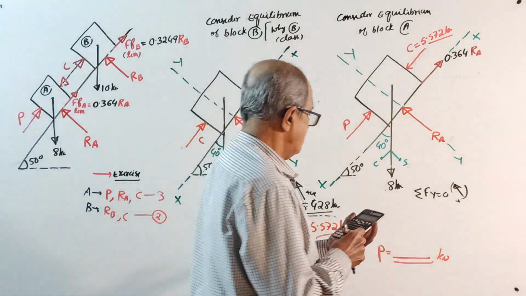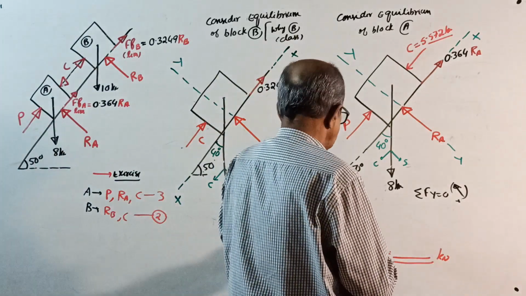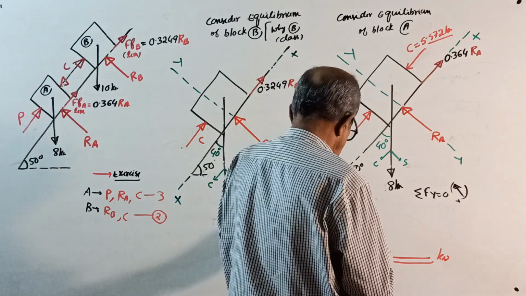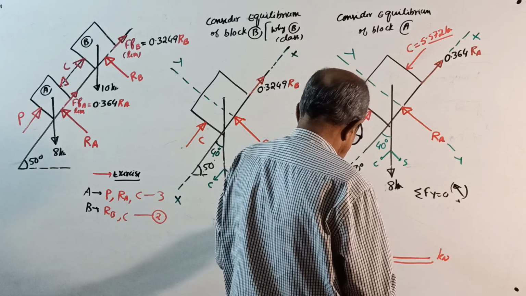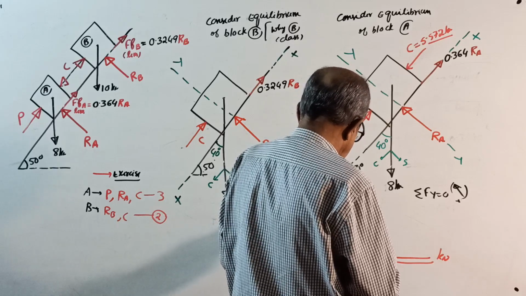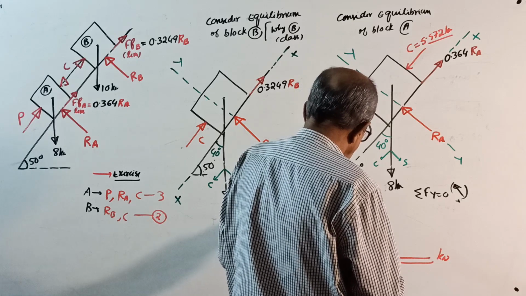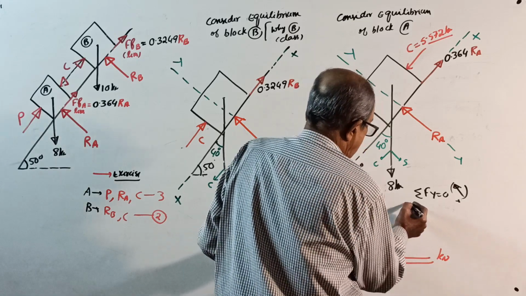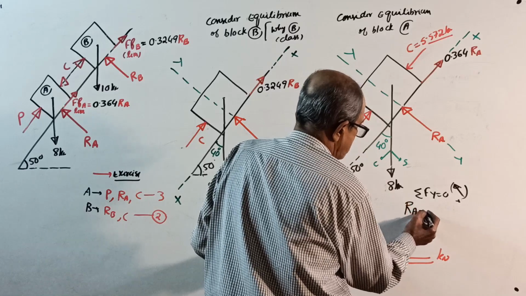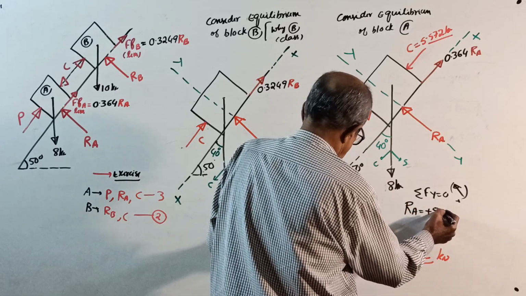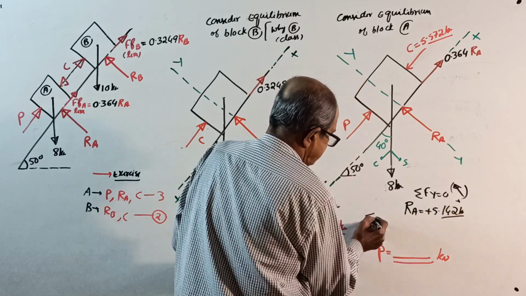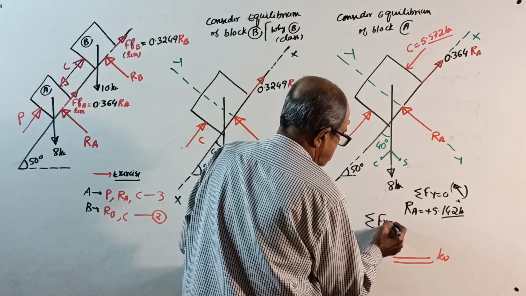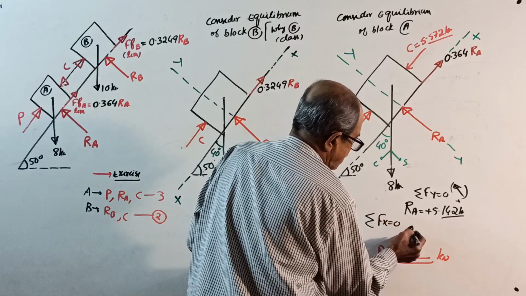Your RA will come, how much? 8 into sine 40. 5.142, RA will come plus 5.142 kilonewton. Solve.